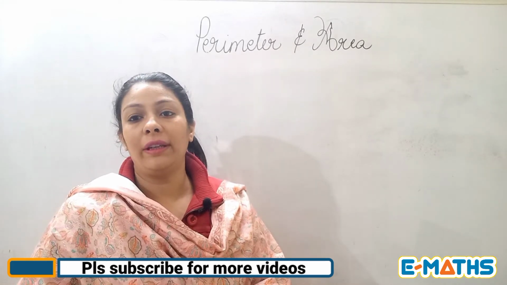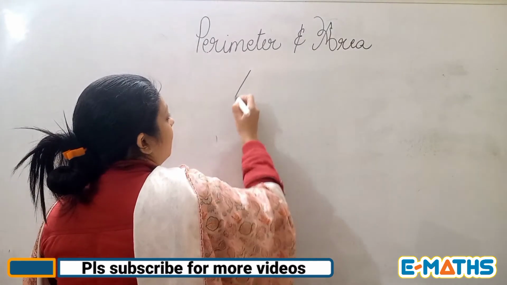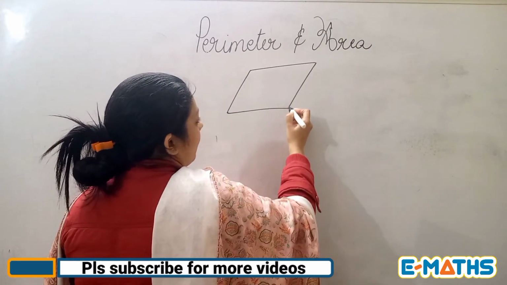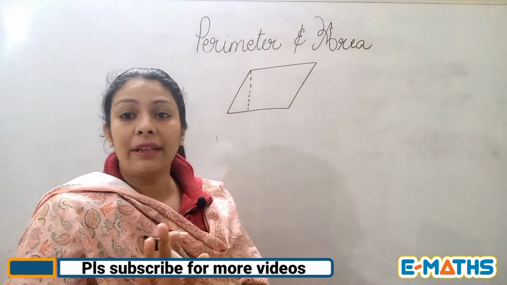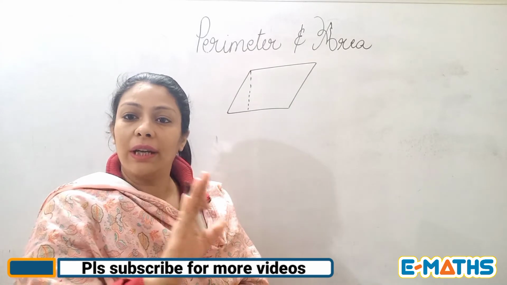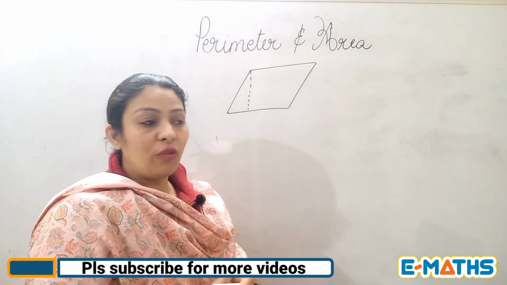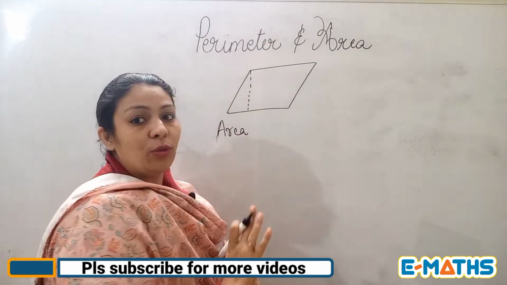Like if we have to find the area of a parallelogram. The parallelogram figure is like this. You can say it's a tilted rectangle. Push the rectangle and it became like this. It's a parallelogram. So what was the formula for area of rectangle? It was length into breadth.